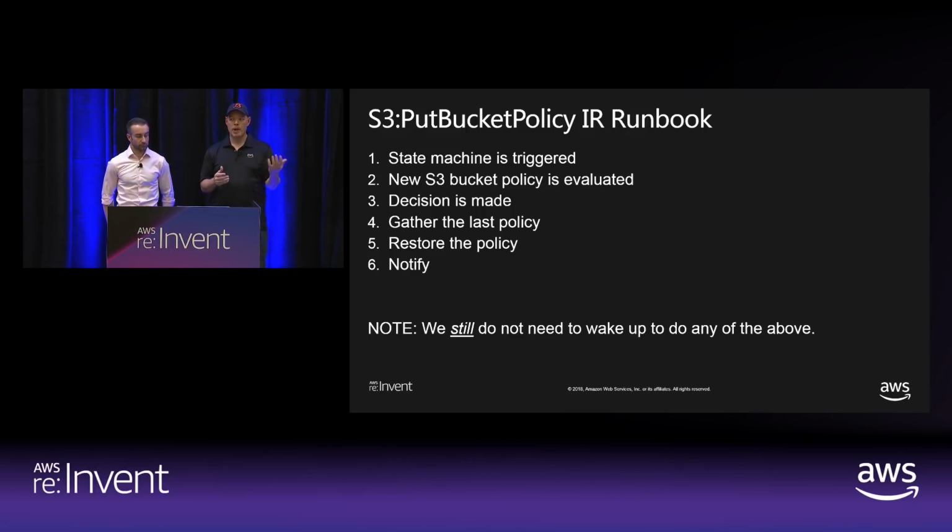So an incident response runbook associated with this particular event would be to understand what happened, evaluate the actual bucket policy, and make a decision based off of that. If we need to change back to a known good state, get the last bucket policy, restore that, and then of course make sure that we're doing the notifications necessary. And again, we don't actually need to wake up in order to perform any of this.